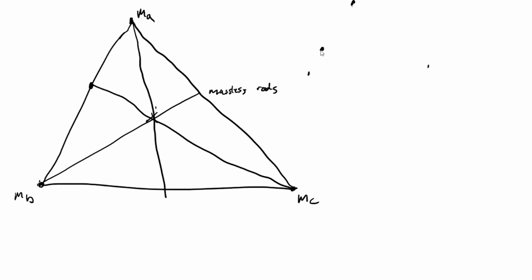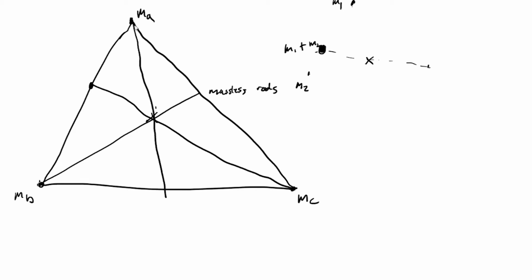Let's say those are M1 and M2, and we replace them with an equivalent M1 plus M2 at the center of mass of these two. Then all of this is equivalent to this, so the center of mass of the entire system lies somewhere on this line.